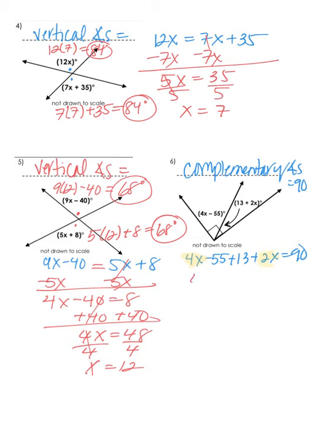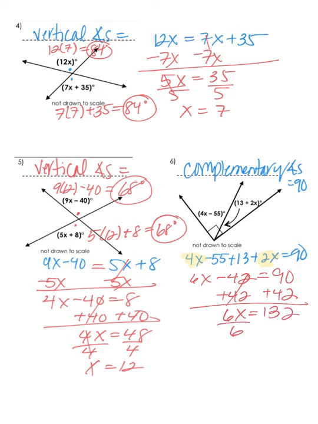And that will give me 6x, and then negative 55 plus 13. And that will give me negative 42 is equal to 90. Add 42 to both sides. You get 6x is equal to 132. Divide that by 6. X is going to give me 22.